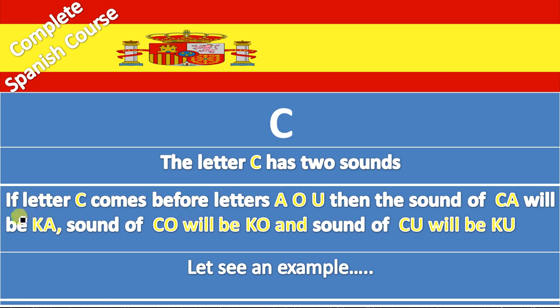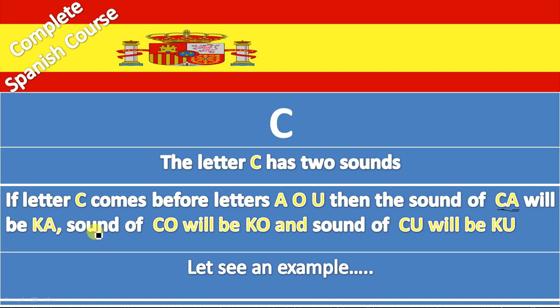If letter C comes before letters A, O, U, then the sound of CA... CA means letter C is coming before letter A. Then the sound of this CA will be Ka.